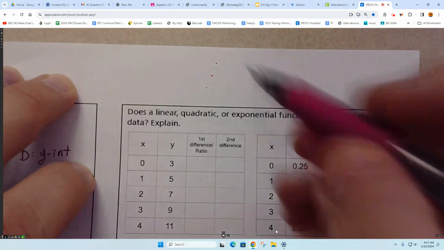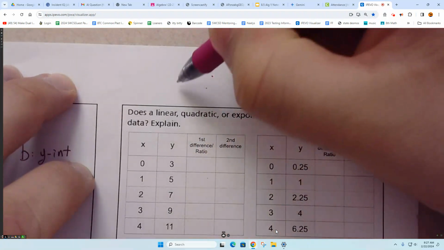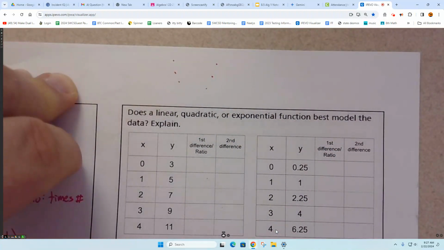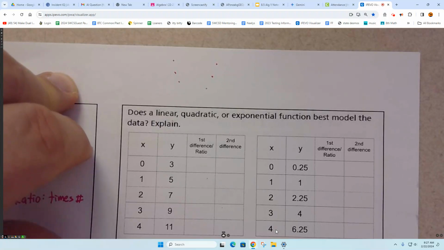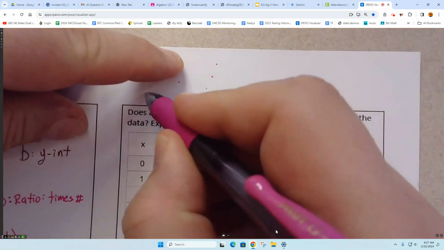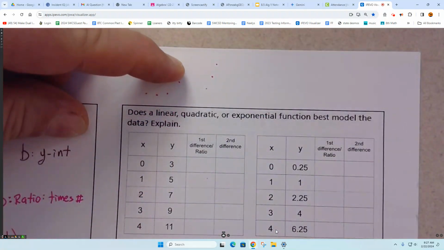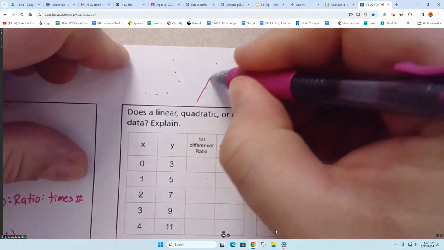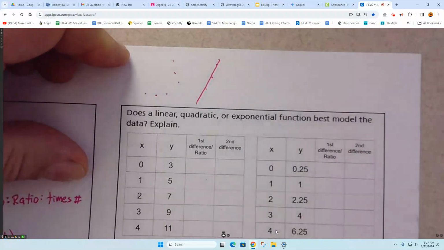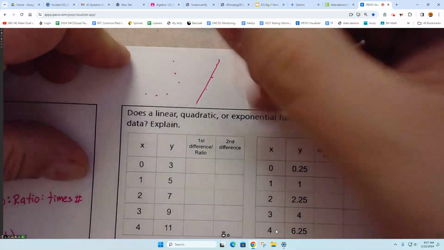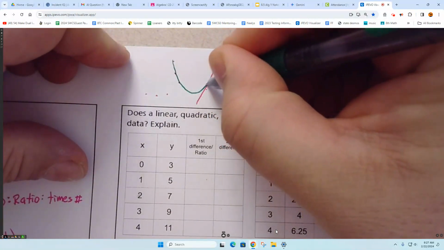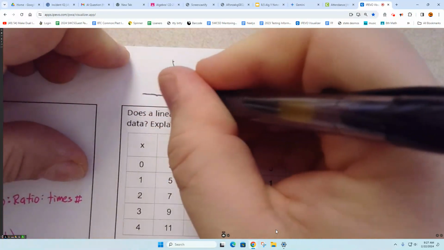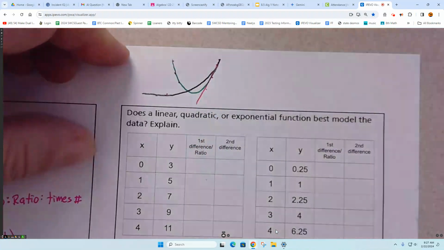They could be tricking us by having more points over here that we don't see, and if I knew those, I'd say it's quadratic. Or they could be hiding the points down here, which makes it exponential. So giving us just 3 points, I don't know if it's linear, a parabola, or exponential.